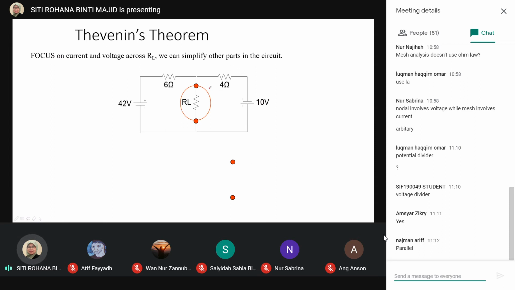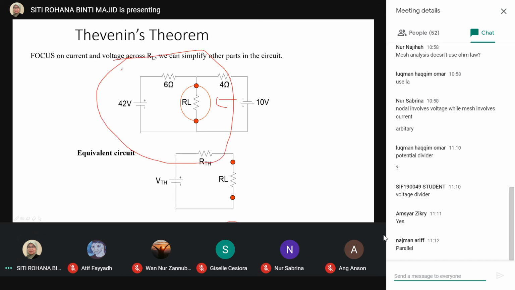Okay, so in the next part, we go to another Thevenin approach we can do, when the load is in between of the circuit. We can see from this part VTH and RTH, and that means you have to consider this part.